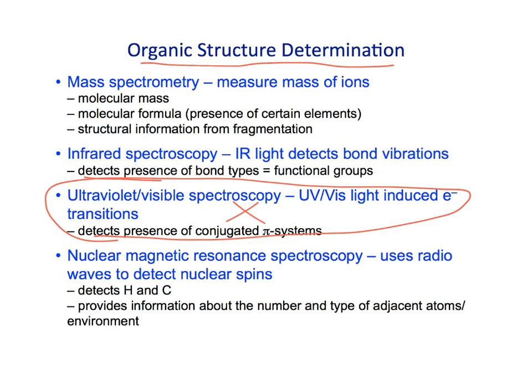Okay, the first one is mass spectrometry. The next one is infrared spectroscopy. Then we have ultraviolet visible spectroscopy. We have nuclear magnetic resonance spectroscopy. All right, so what's the one that's the outlier? The first one, right? Spectrometry.